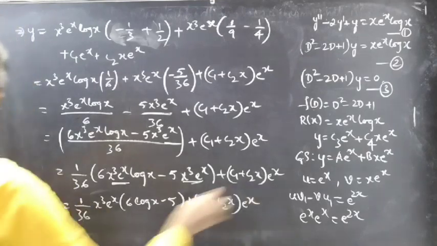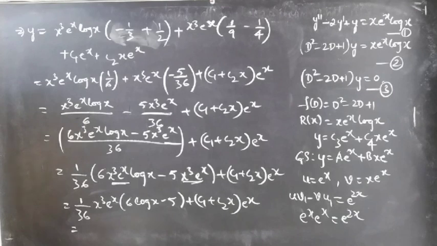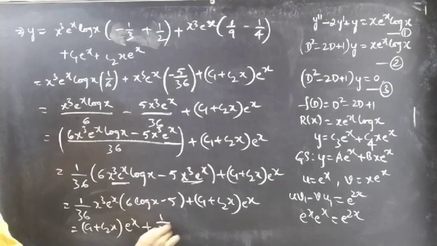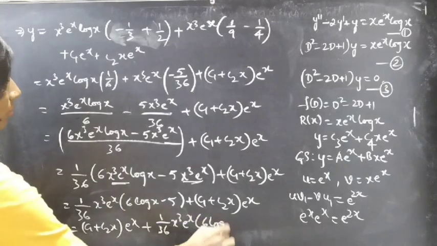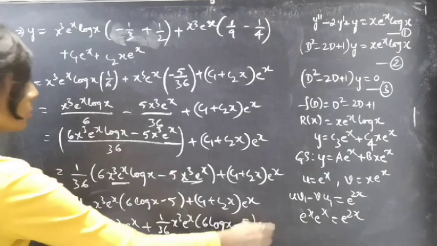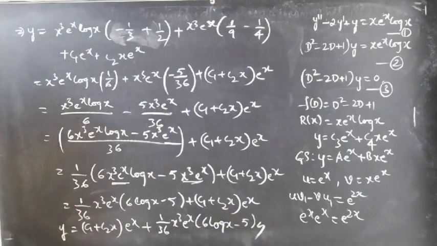Or we can write it as c1 plus c2 x into e power x plus 1 by 36 into x cube e power x, 6 log x minus 5, which completes the problem.